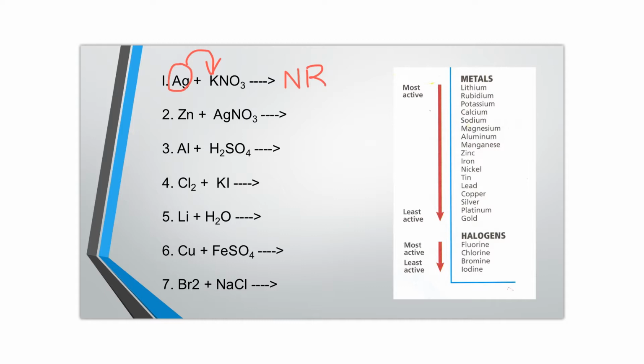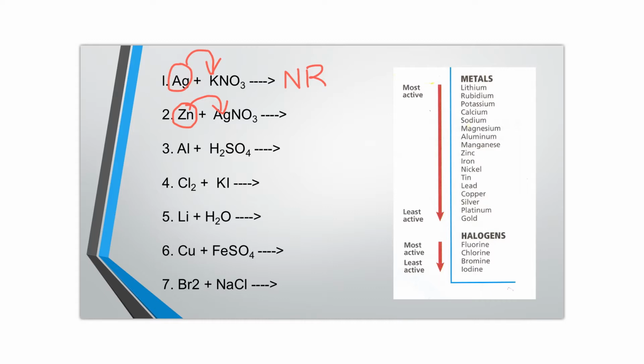Next one, we're going to look at replacing zinc into the silver area, where the silver is. All right, so if that works, here's our two elements, zinc and silver. So we have to find them over here. Here's silver, and then here's zinc. And now in order for zinc to displace silver, it has to be higher on the list, and it is.